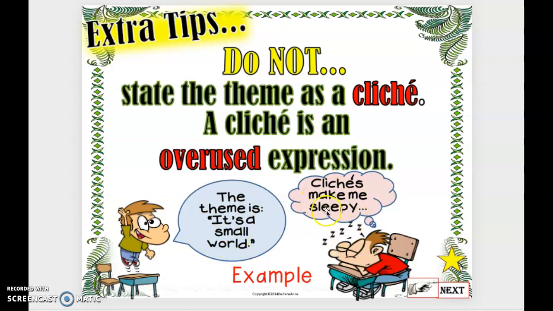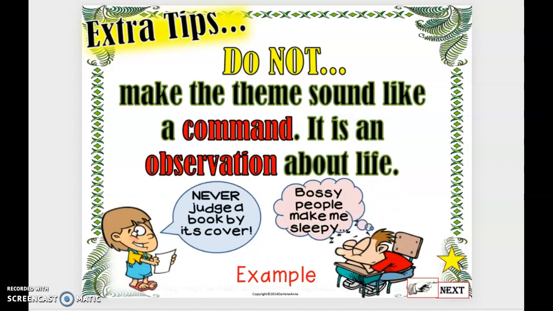And cliches, like this little guy says here, make me sleepy because they're not creative and they're overused, as stated here. Another tip is do not make the theme sound like a command. It is an observation about life. So for example, never judge a book by its cover, or bossy people make me sleepy.